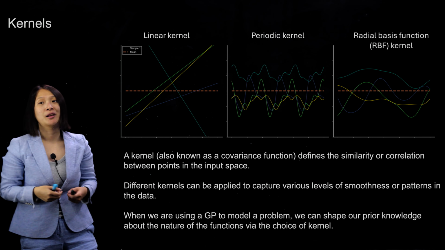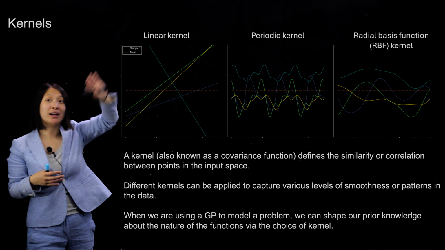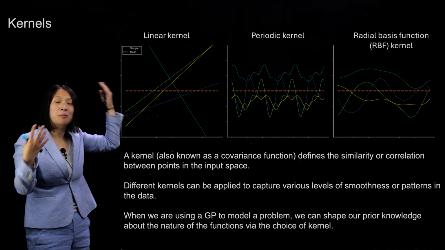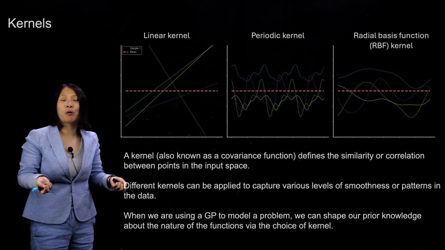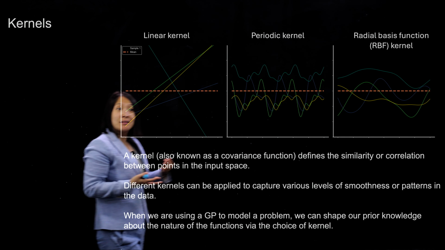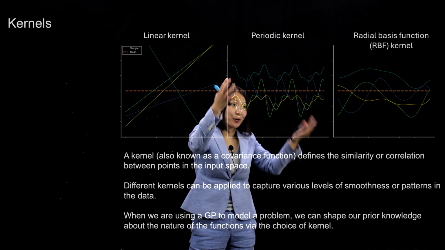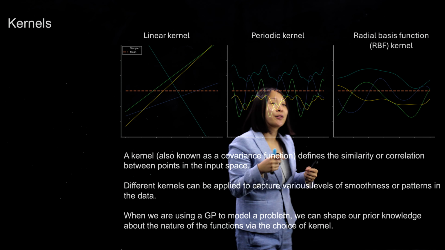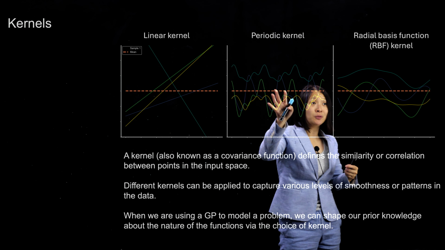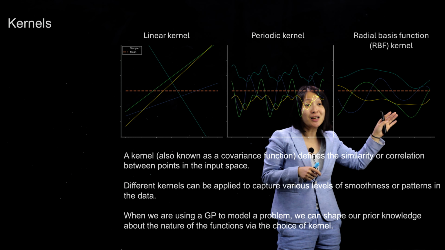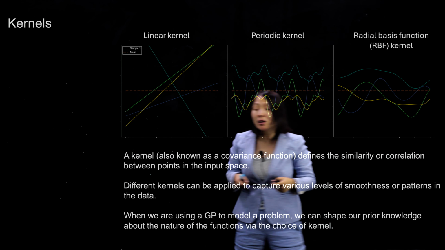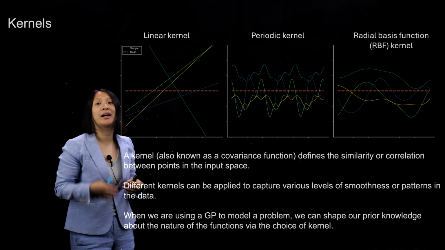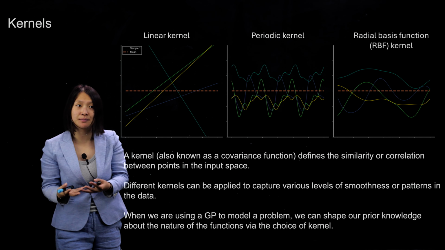For example, you may say my data have a strong linear relationship, so maybe linear kernels are more appropriate. Maybe the function is supposed to be a periodic function, and we can use the periodic kernel. Also, the radial basis function kernel is a popular choice when trying to fit a black box function.